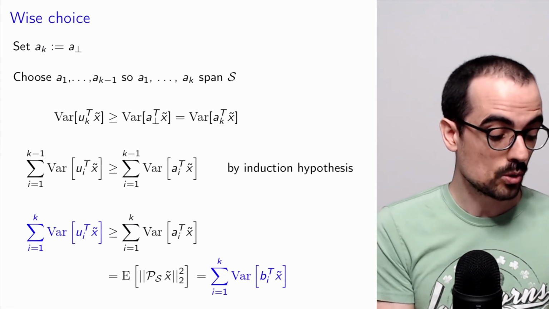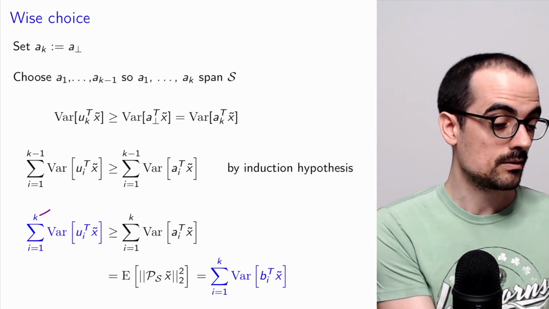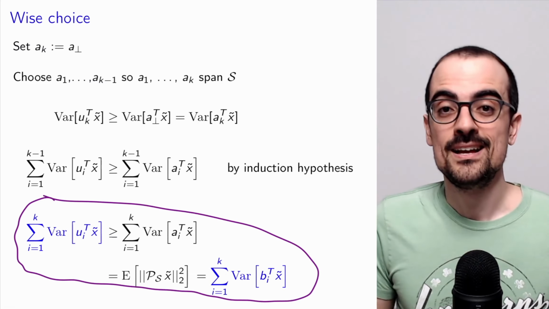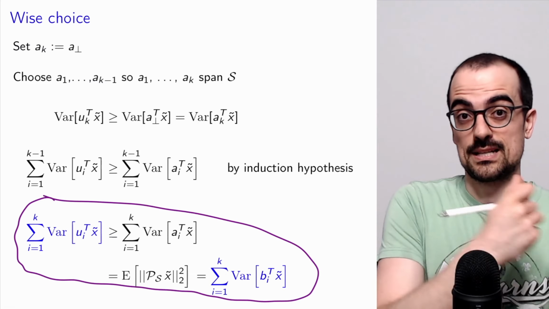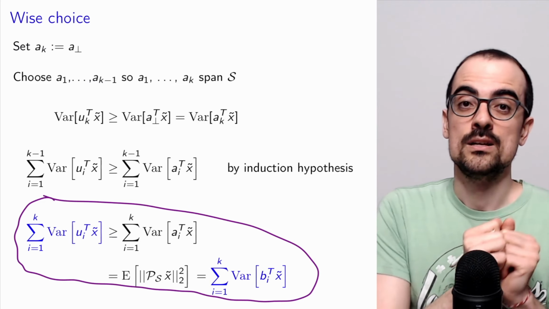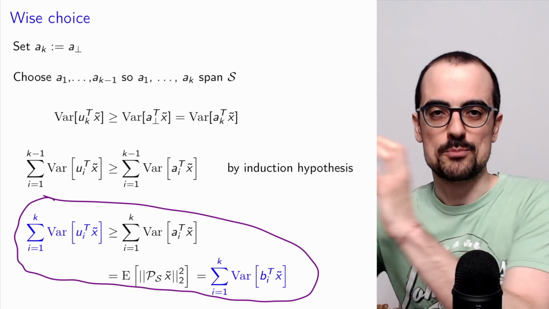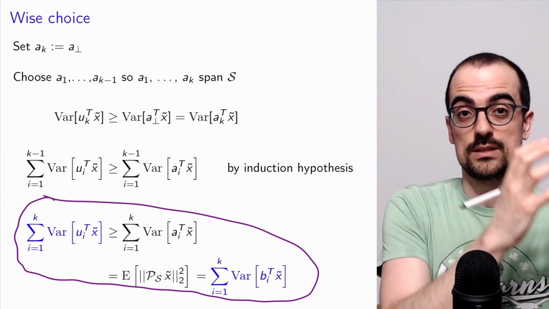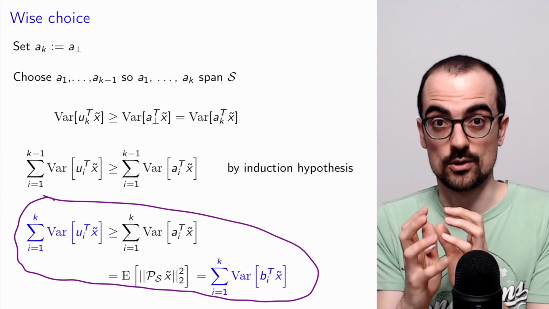So this actually holds for every possible choice of b1 to bk. We showed that the sum of the variances captured by the principal directions was greater for k equals 1. Now we've shown that if it's true for k minus 1, it will hold for k.